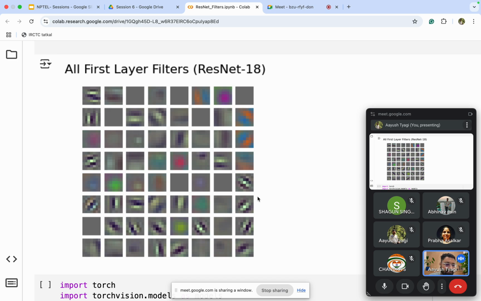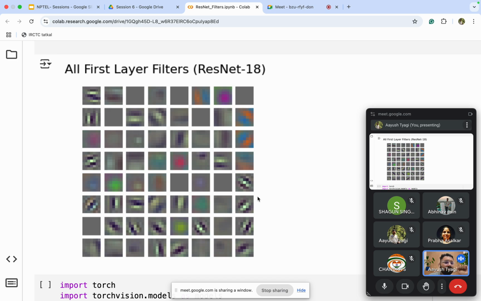But if there are any features which are based on color, in histopathology images, which are majorly pink, you will see that the filters will be focusing on the gradients of pink. And if these are MRI or X-ray images, you will see that the filters will be focusing more on the gradients of gray, right?